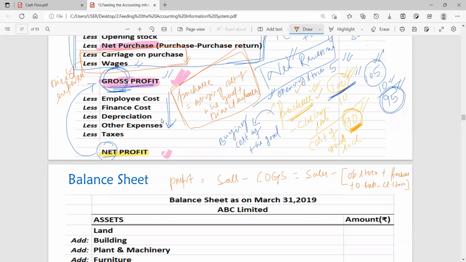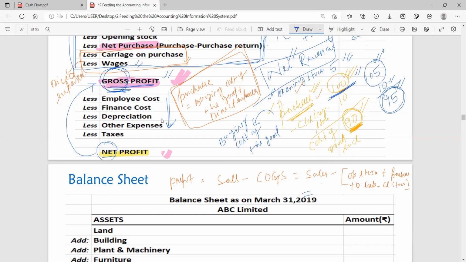And now if we remove the bracket from this cost of goods sold, it will be expanded and the signs inside the bracket will change. When you take out the bracket, the minus enters, so the plus sign will be minus and the minus will be plus inside the bracket. Here there is only closing stock inside the bracket which is minus, so after taking out the bracket it will be plus.